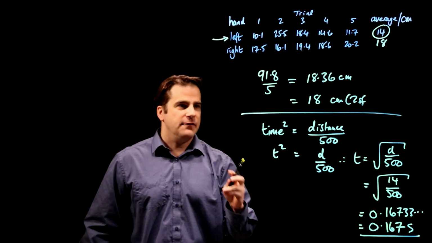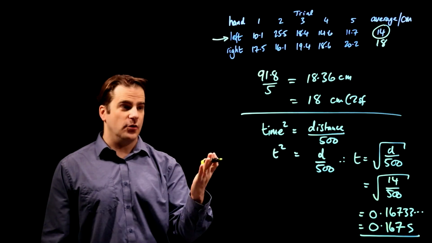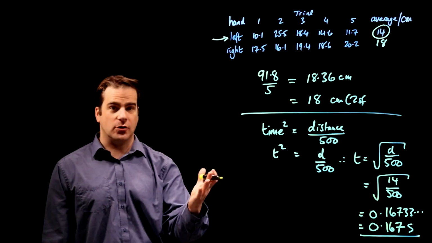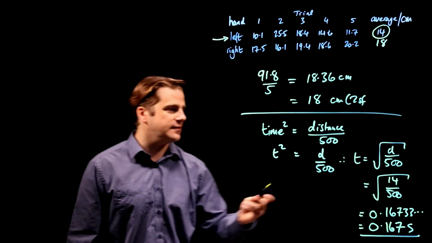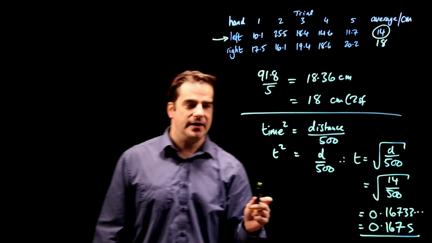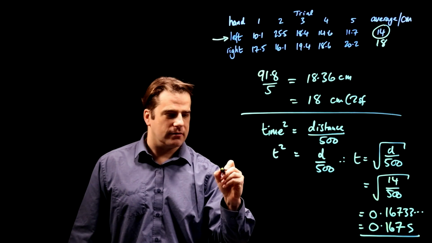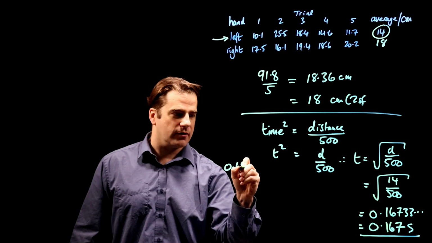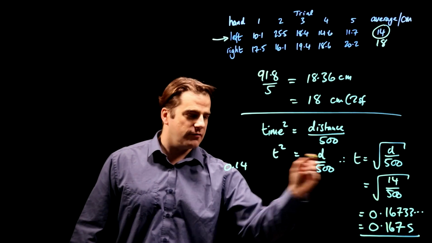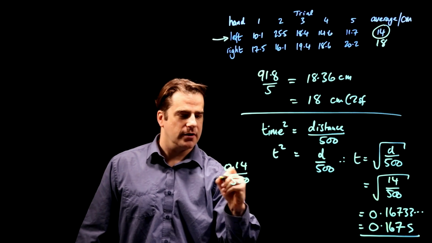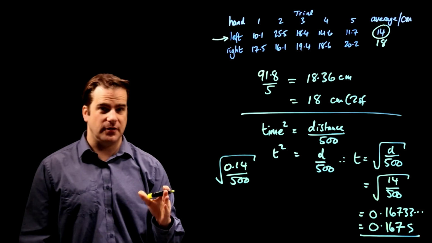See, if you did what you should normally do, what you've been taught to do in questions like this, you convert distance to meters. Now, if you do 0.14 over 500, which I wouldn't blame you for doing in this question.